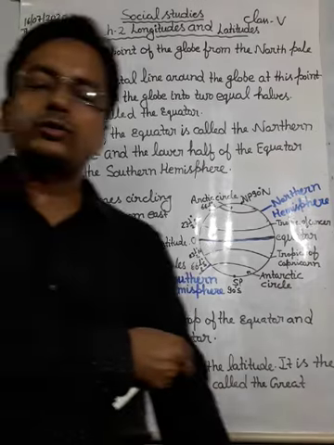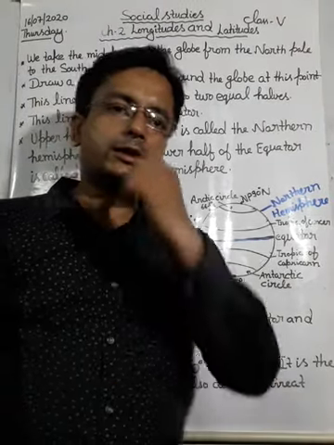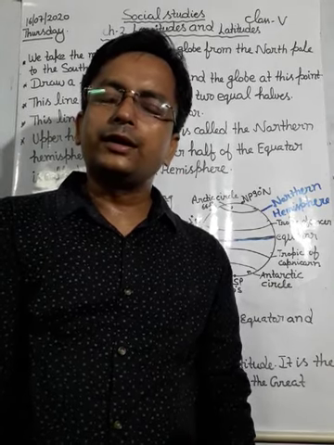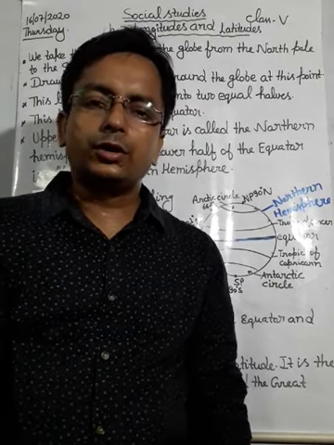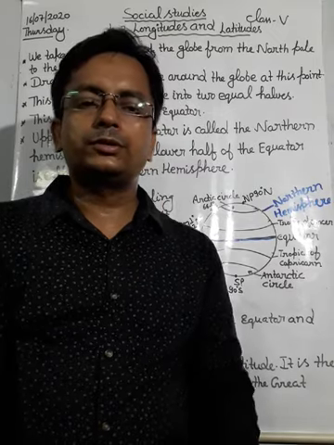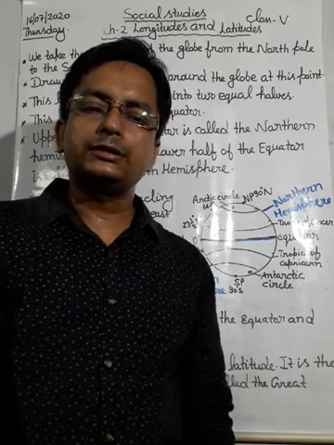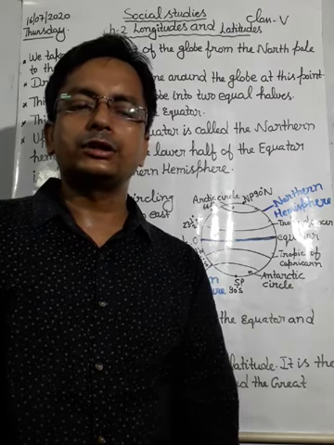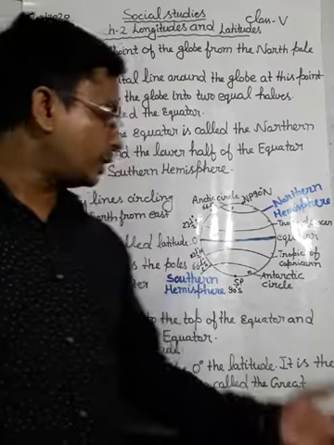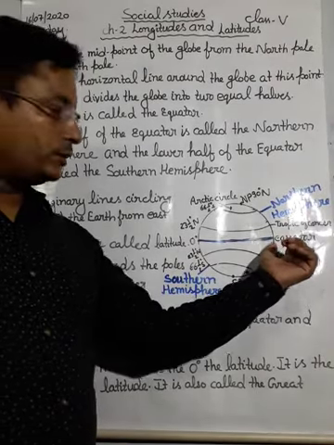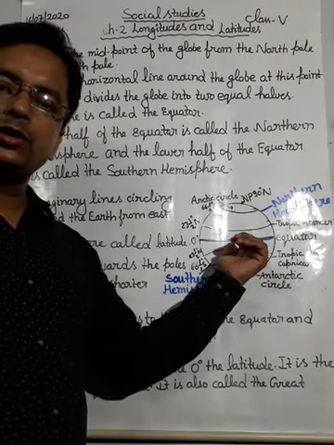If anybody asks you which latitude is the biggest on the globe, or which line of latitude is called the equator, your answer will be 0 degree, the equator line or great circle.